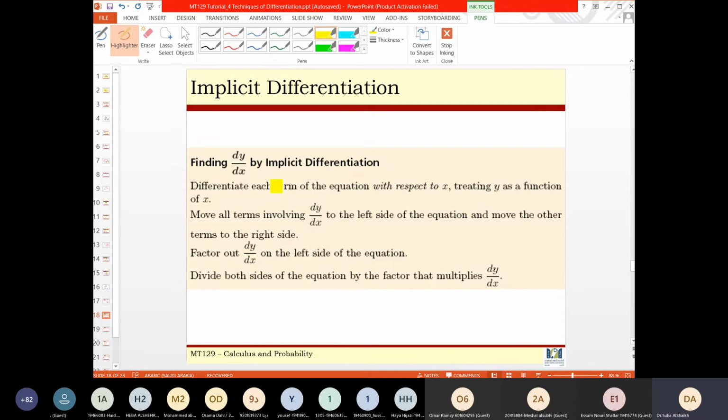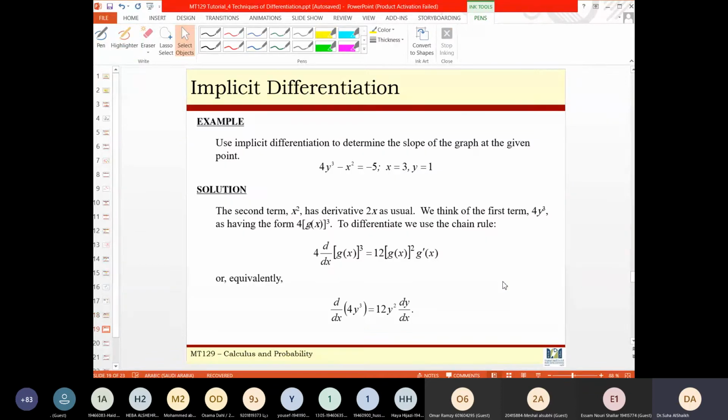We differentiate each term of the equation with respect to x, and we treat y as a function of x, as if it's a function with x inside. So we move all the terms involving dy by dx to the left of the equation. All the other terms go to the right. We factor the dy by dx on the left side of the equation and divide both sides by dy by dx.